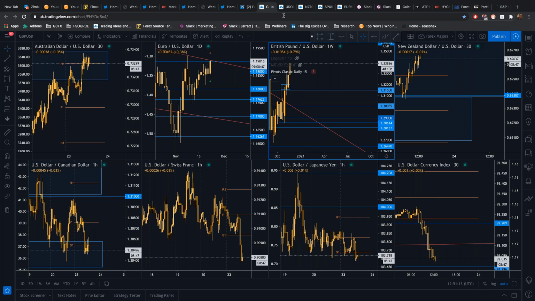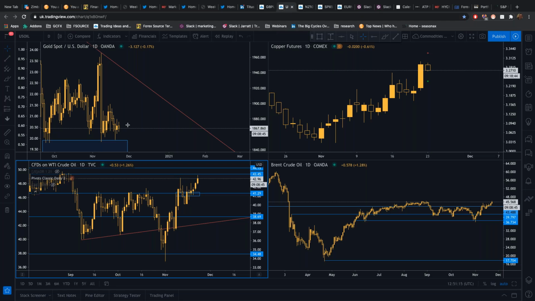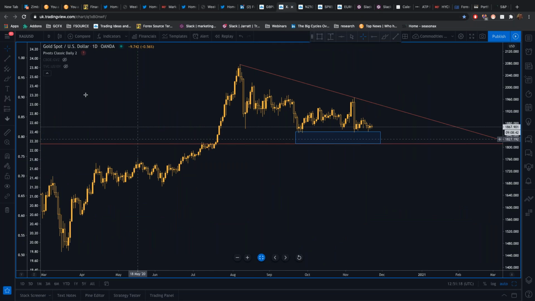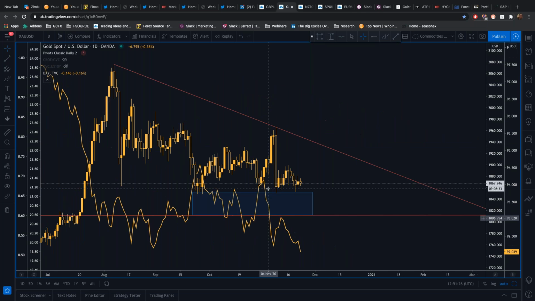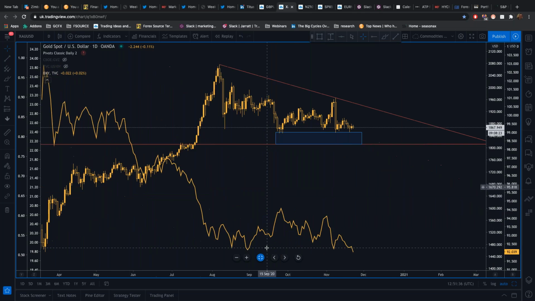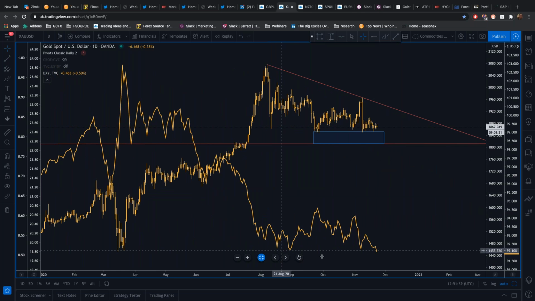If you look at the dollar index and put it on gold, you'll see falling dollar, rising gold, falling dollar, rising gold, rising dollar, falling gold. So falling dollar should equal rising gold.